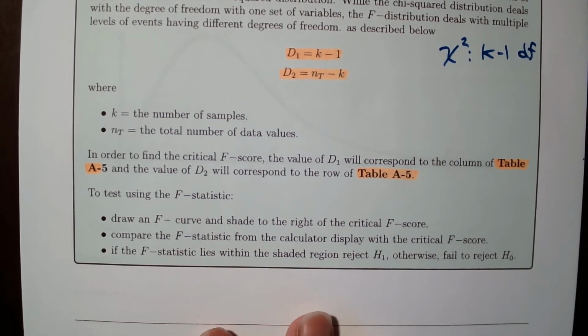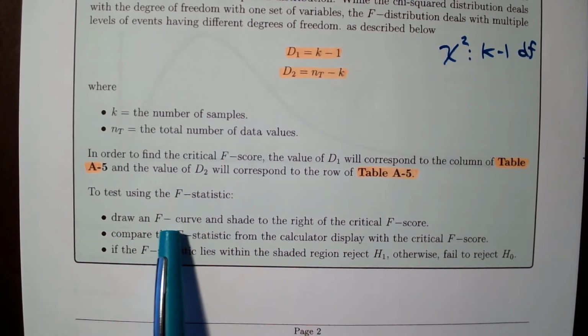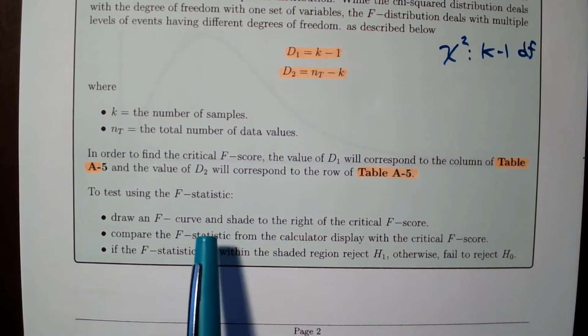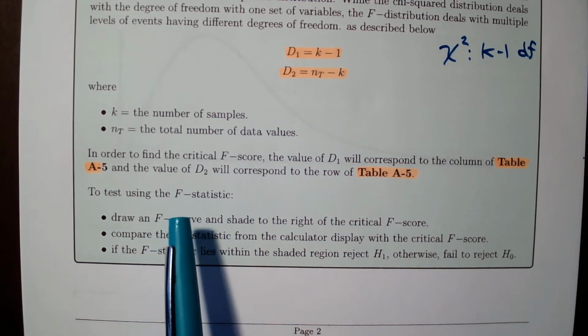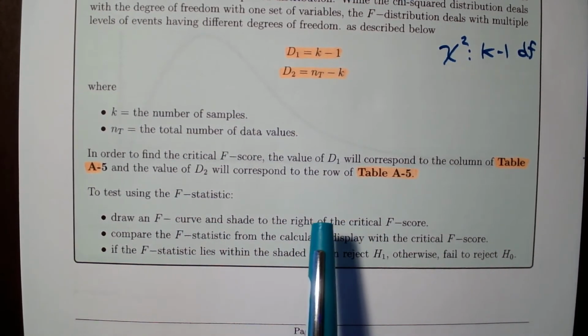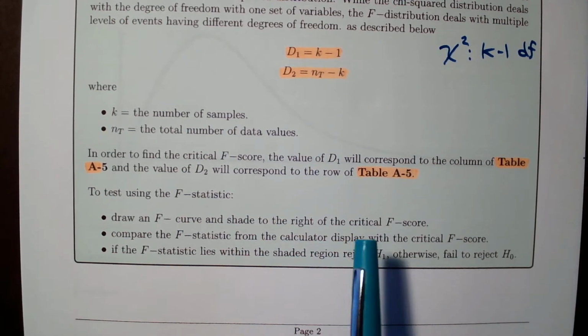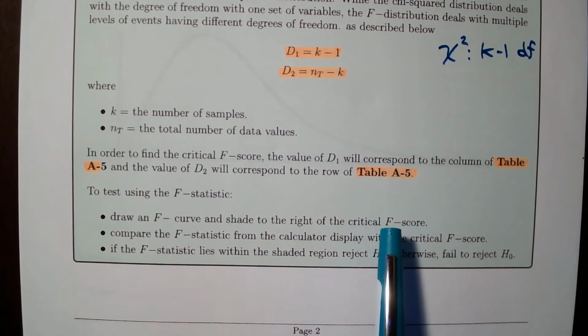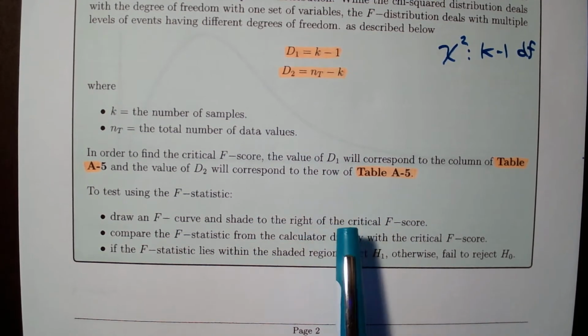So how to perform the test? As usual, we're going to draw an F curve, not a normal curve, not a T curve, not a chi-square curve, but an F curve, which, by the way, is very similar in shape to the chi-square. We shade on the right side of the critical F score and compare with the F statistic from the calculator.